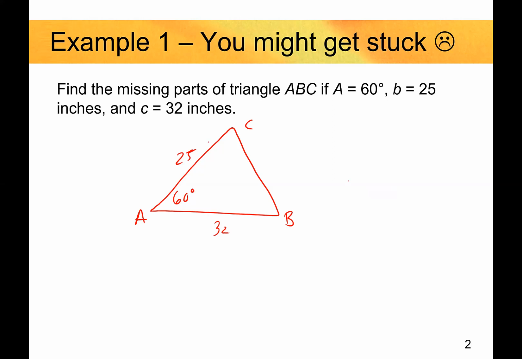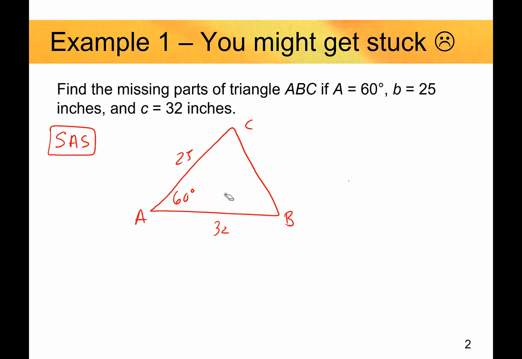Hey, let's go back to your geometry days. Do you remember setting up congruencies? This would be side angle side. If you think about it, you know the side, you know the angle, and you know the adjacent side. This is a side angle side problem.